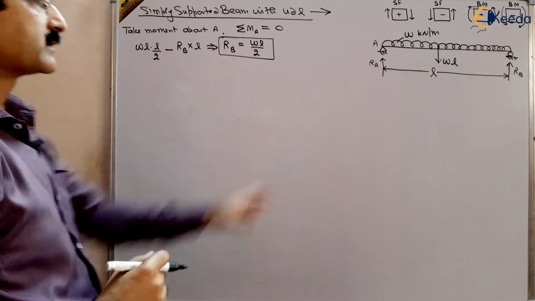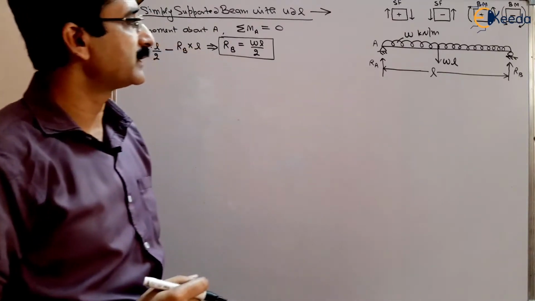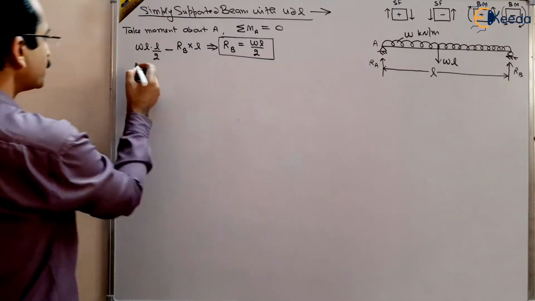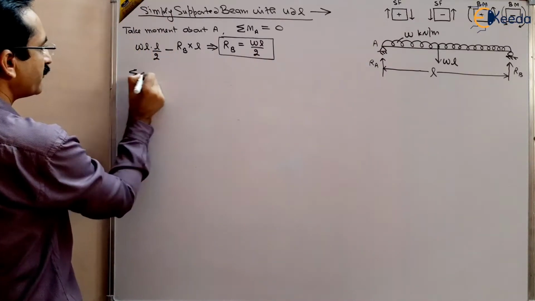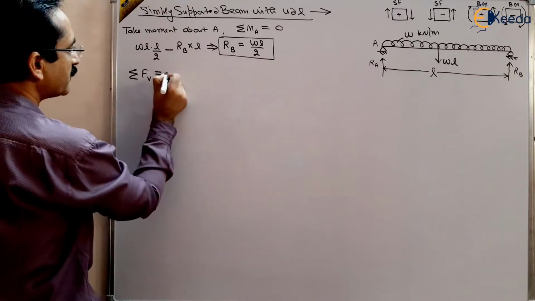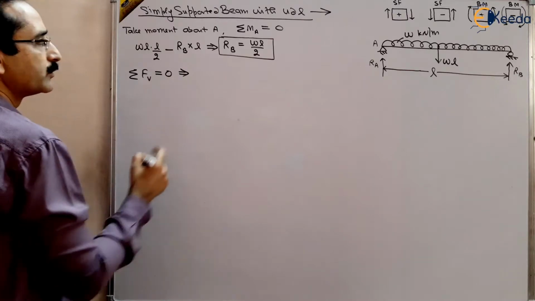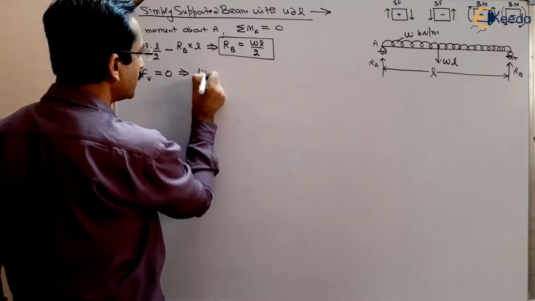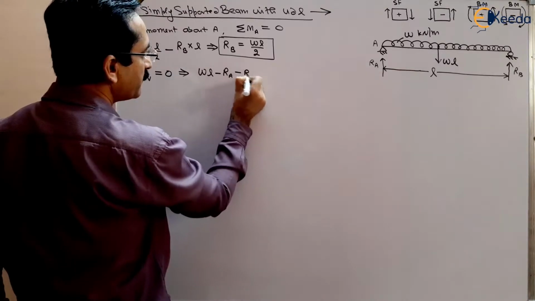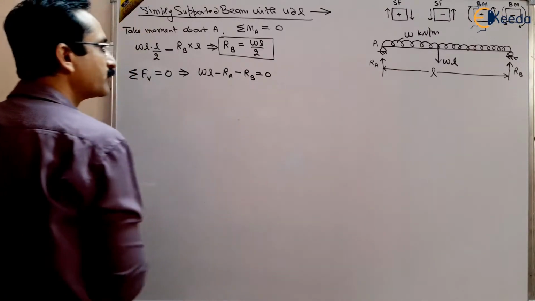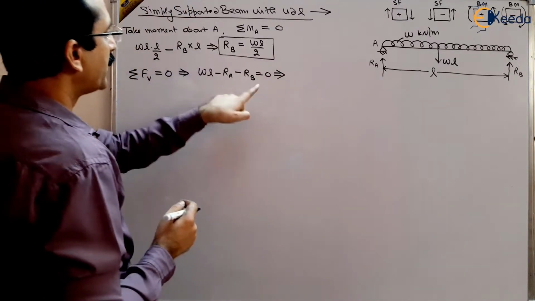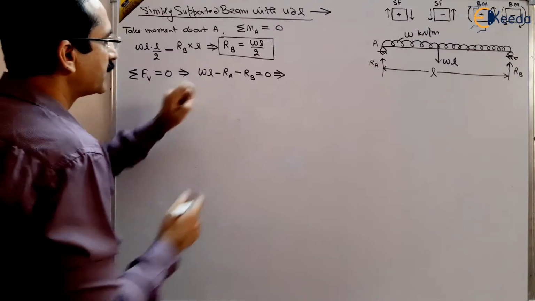Now we want to find out the reaction at A. We know that the sum of vertical forces will be equal to 0, because the body is in static equilibrium, so the sum of the vertical forces in downward and upward direction should be equal to 0. So WL is downward, take it positive, RA is upward, take it negative, RB is upward, take it negative, and that will be equal to 0. Put the value of RB, WL by 2, and you will get the value of RA.